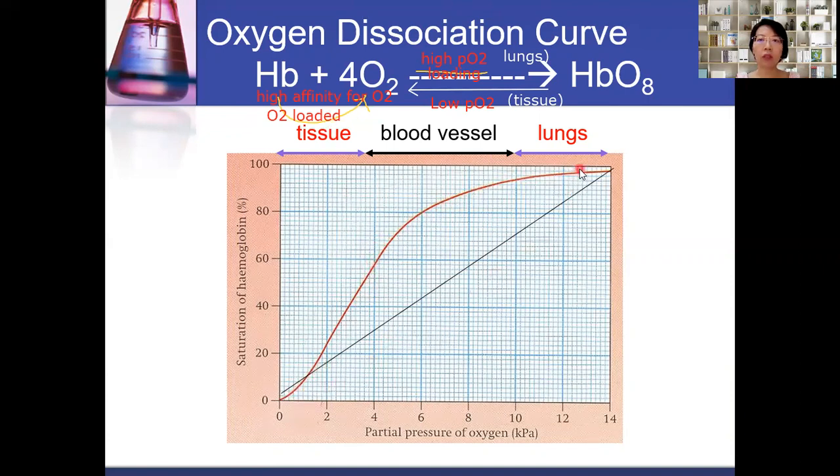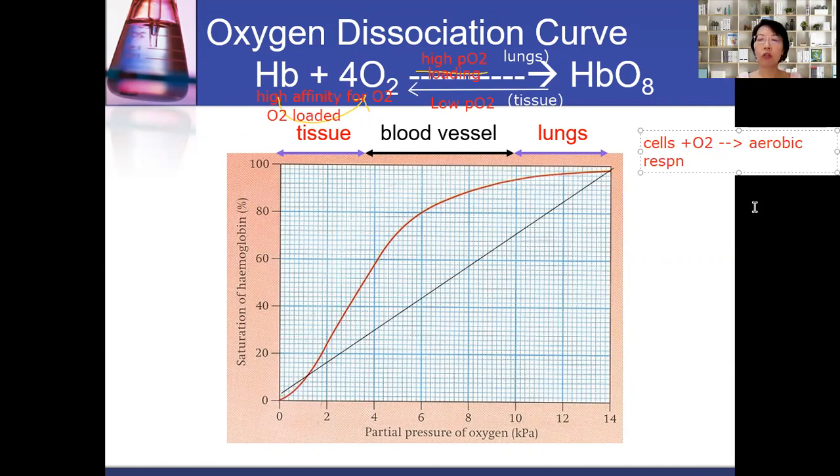You can see that as the blood is transported away from the lung, the partial pressure of oxygen will start to drop. And of course, it is lowest in the tissue, because tissue is made up of cells that keep taking up the oxygen for aerobic respiration.